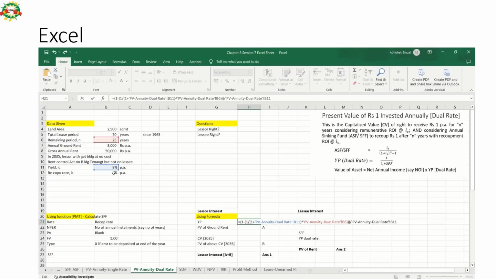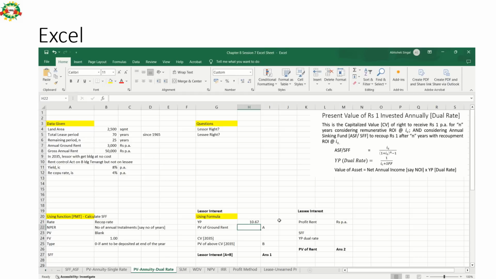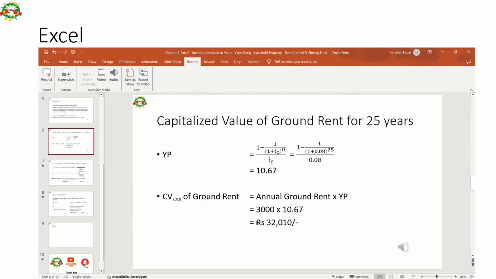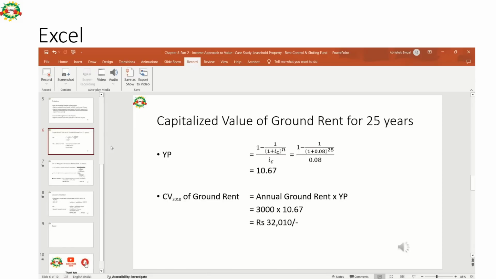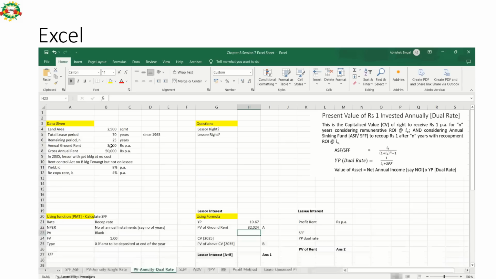So 10.67. This value has been matched, 10.67. Now the present value of ground rent is equal to year purchase multiplied by 3000 rupees. So this is matched, 32,010, with a slight difference because of rounding of figures.